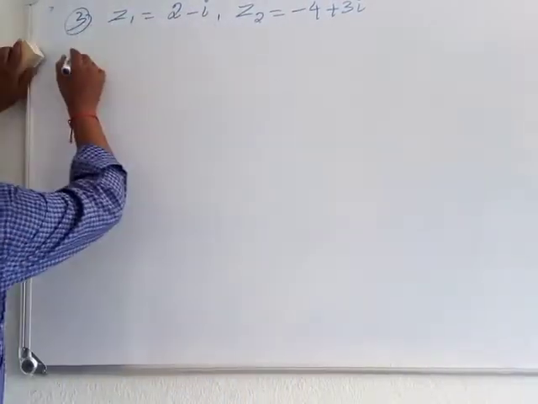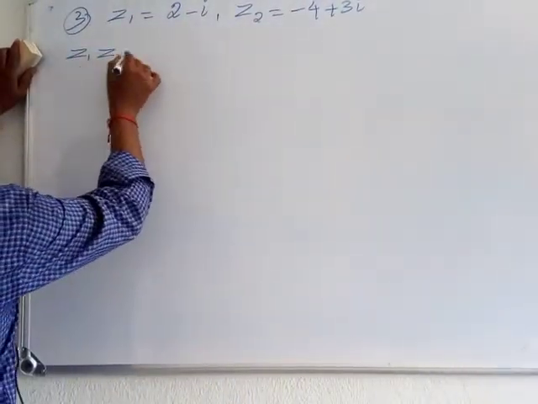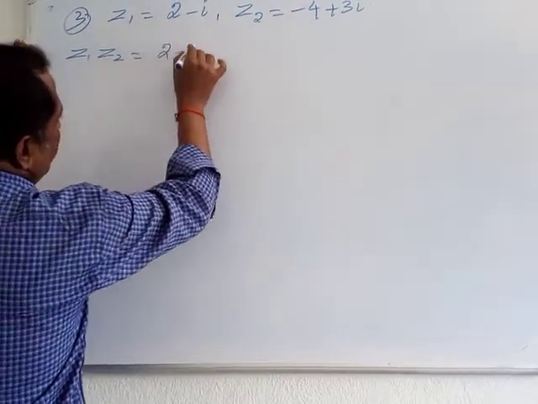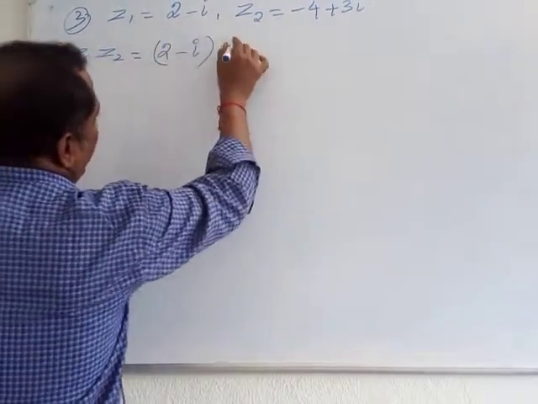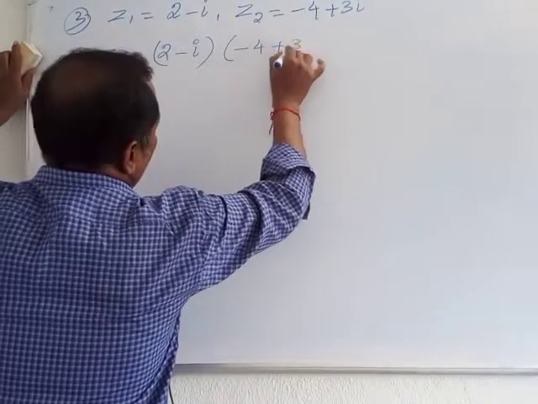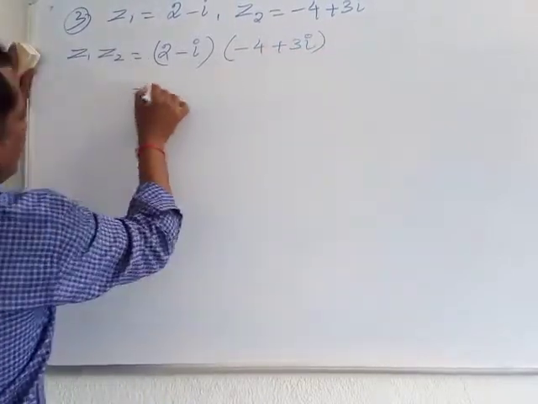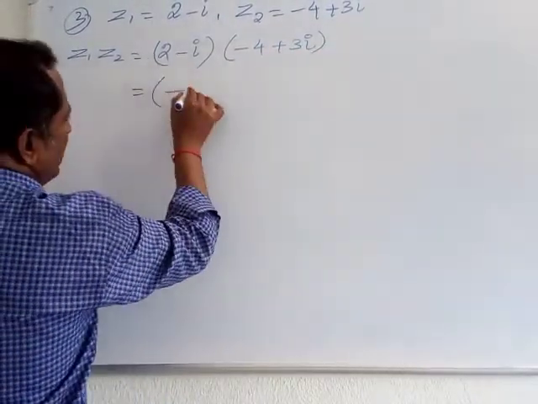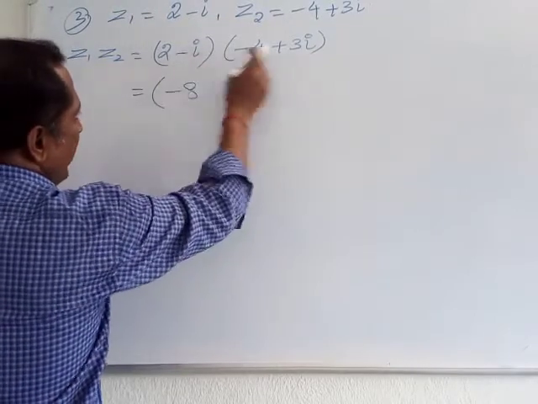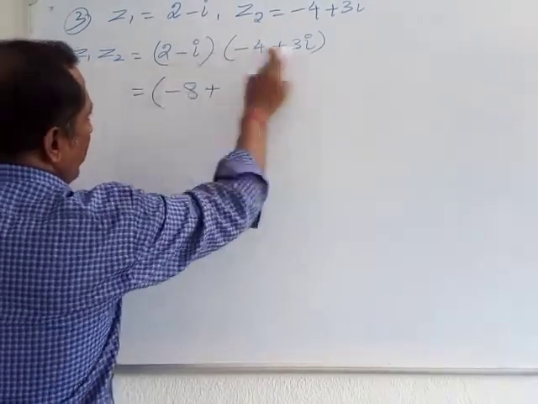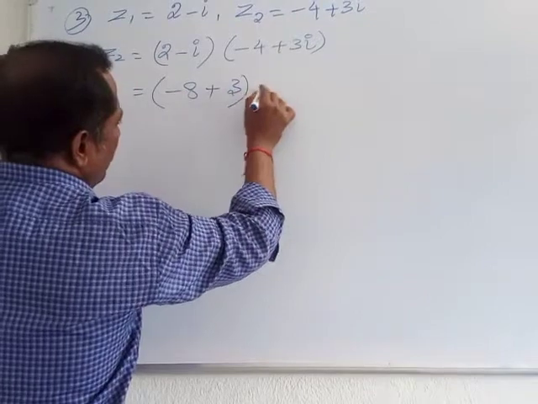First we have to calculate z1 into z2. z1 is 2 minus i, and z2 is minus 4 plus 3i. First the real part: 2 into minus 4 is minus 8, different signs, plus 1 into 3, so the real part is minus 5.